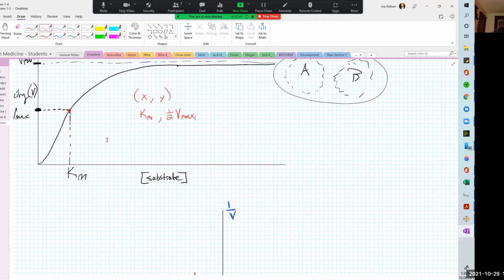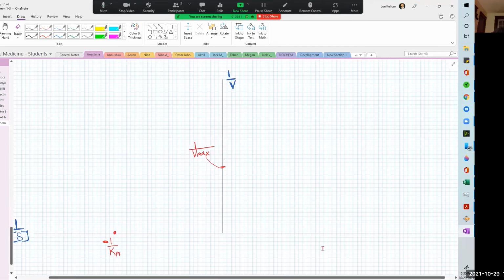So if I find the point on this graph that corresponds to that one, my X coordinate is going to be 1 over Km, and my Y coordinate is going to be 1 over 1/2 Vmax.